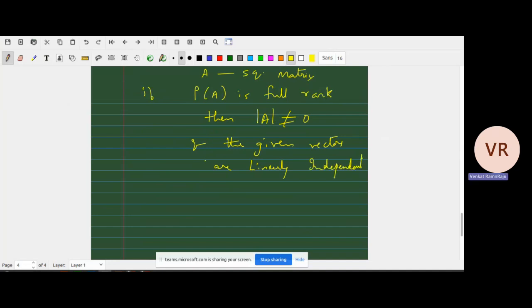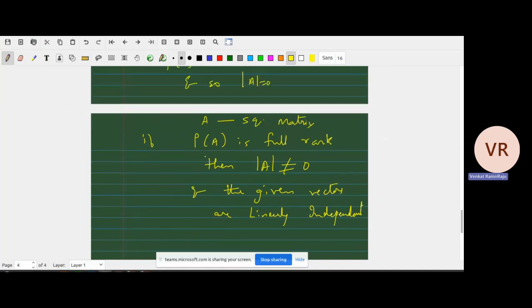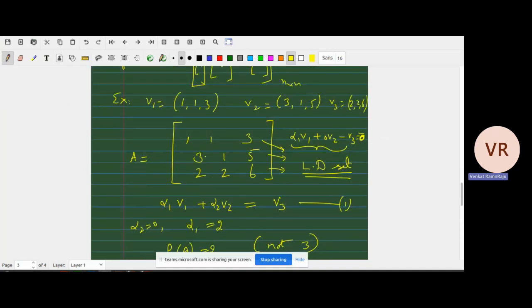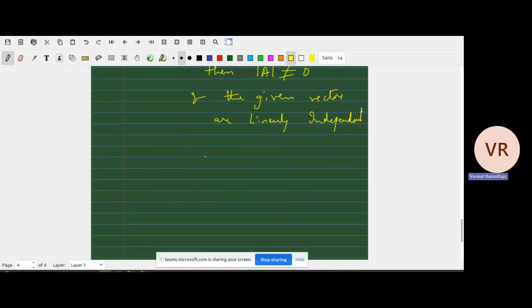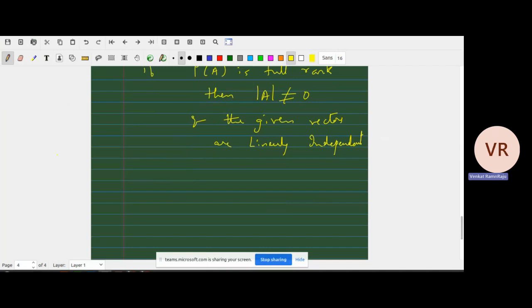So with this small example, we could see how one can check by matrices. That's a matrix connection also.